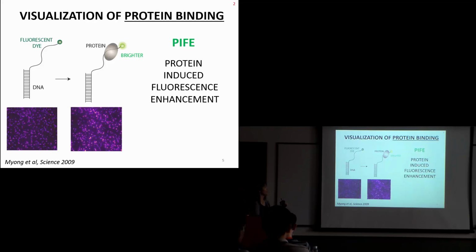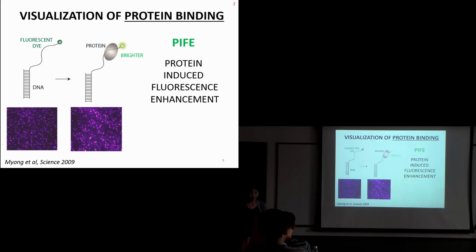What seems to be happening is that when a viscosity object, such as a protein, approaches this organic dye, it tends to bias the isomerization into the photoactive state, which is the trans state of the dye. So there's a photochemical basis for this, and it is related to the lifetime of the dye and also the quantum yield of the dye. Not in this paper, but in another paper, we characterized the distance sensitivity of this assay.